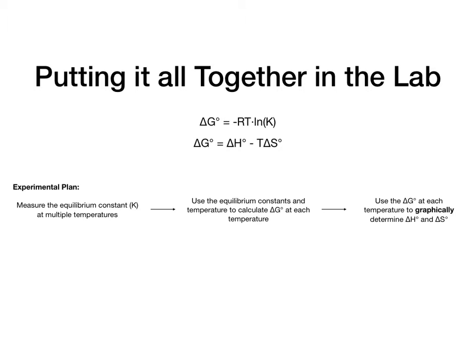in the laboratories, what we really want to do is be able to find a value for delta H and a value for delta S experimentally. But it turns out that while we can measure delta H experimentally, that's calorimetry, we worked on that, it's very hard to experimentally measure the entropy of a system.